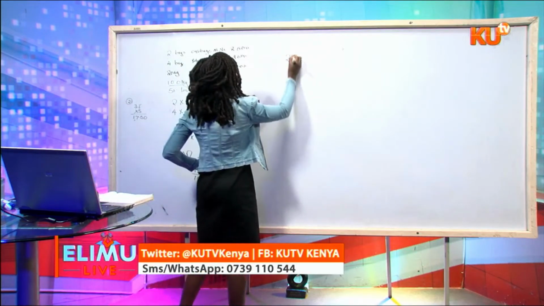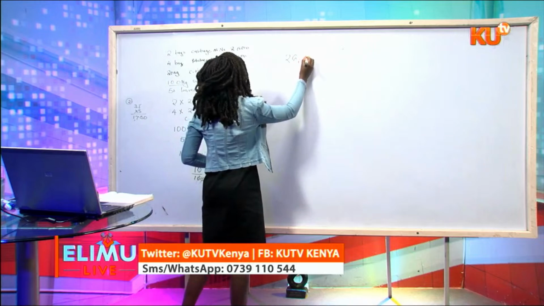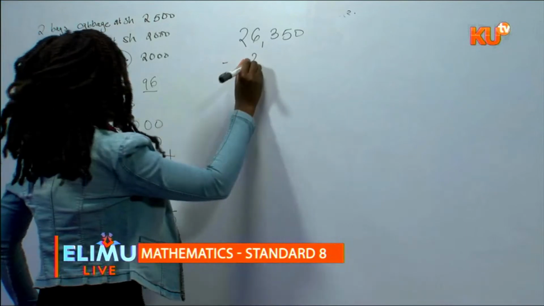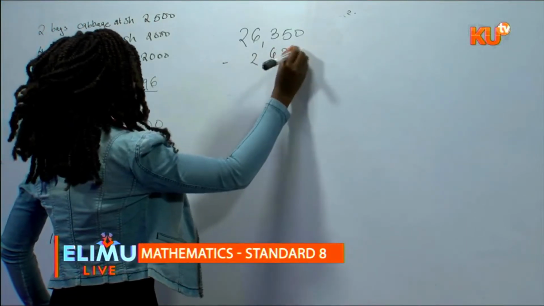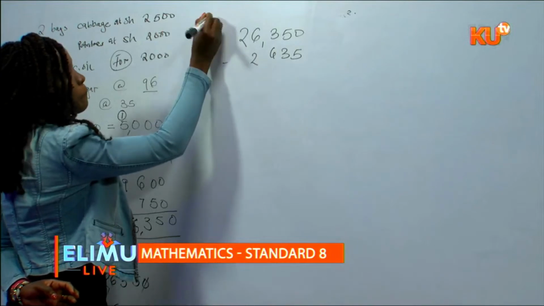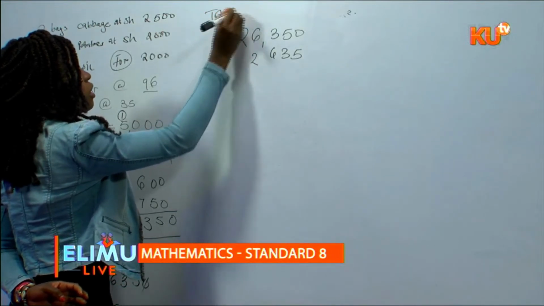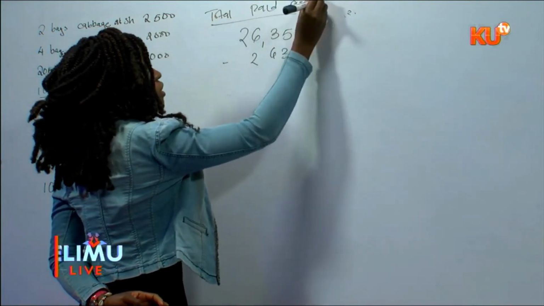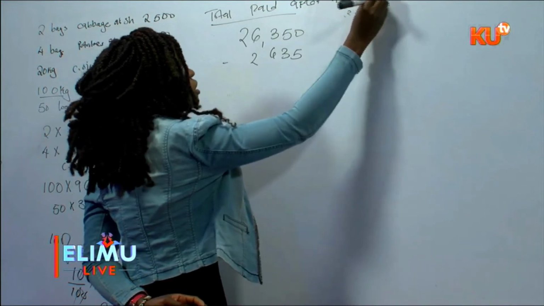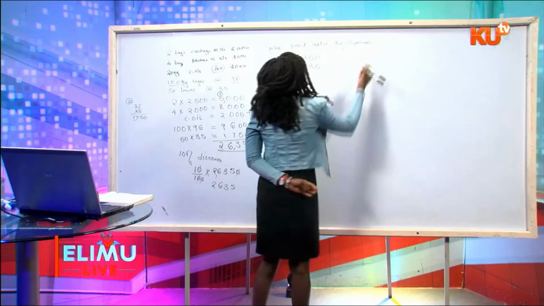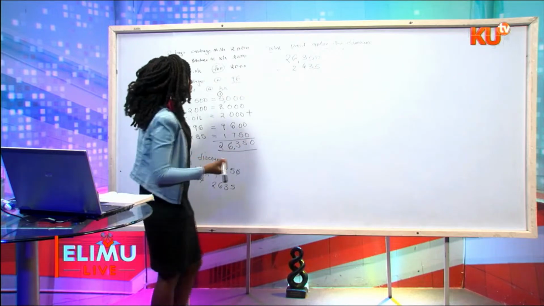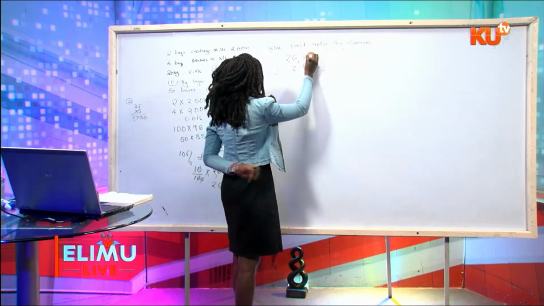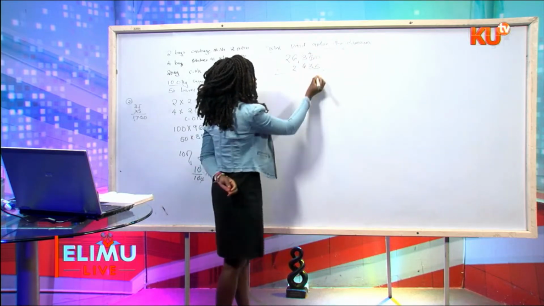So we take the 26,350, we subtract the discount, and the discount was 2,635. So here we're getting the total amount of money that he paid after the discount. So we borrow 1, we remain with 4. 10 minus 5 is 5.